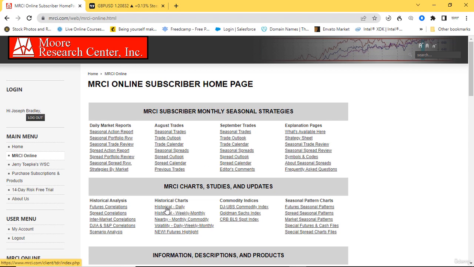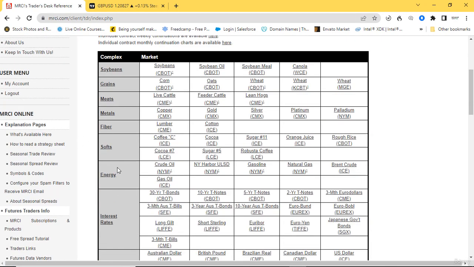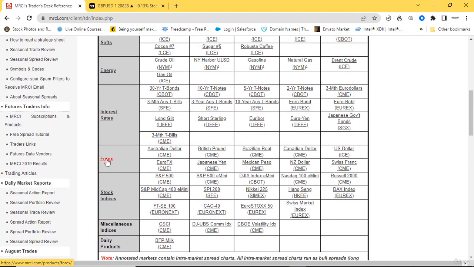You can look at historical daily, historical weekly, monthly, or nearby monthly commodity. We'll just look at the historical, click that, and come down to Forex. So we look at the US dollar, and let's say you want to compare it to the euro. Well, that's the British pound.